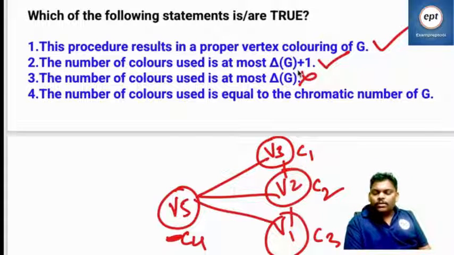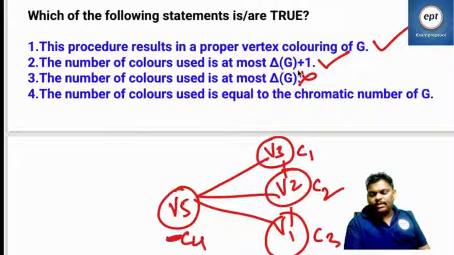The number of colors used is equal to the chromatic number of G. Right? No, I cannot give guarantee because chromatic number is the minimum number of colors. No, it may go more than chromatic number.